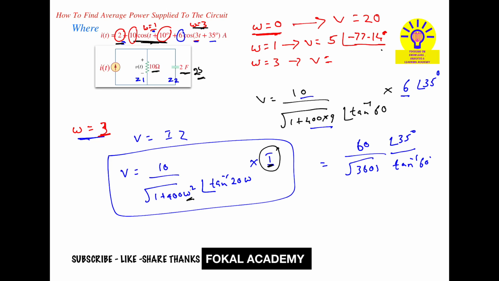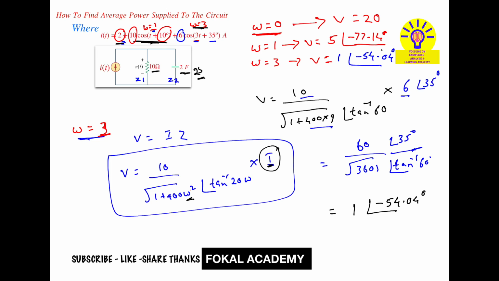This is the phase angle. Now by using calculator we will get this value as 1 with phase angle minus 54.04 degrees. So that is 1 amplitude and phase angle is minus 54.04 degrees.